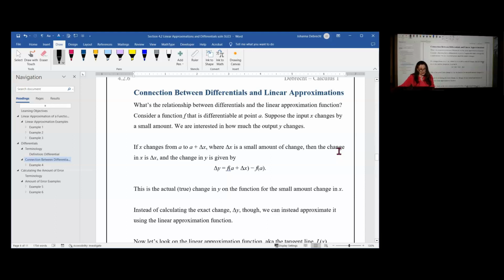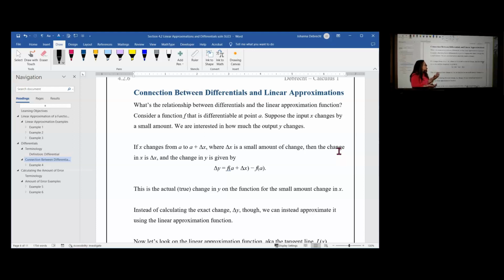Let's now look at the connection between differentials and the linear approximation function. When we think about the linear approximation function and we think about the actual function, we want to know if a small change in x occurs, what's the change in the y value?